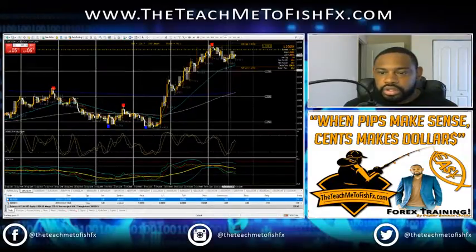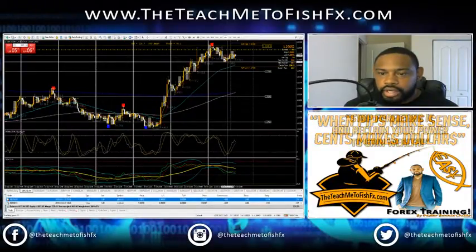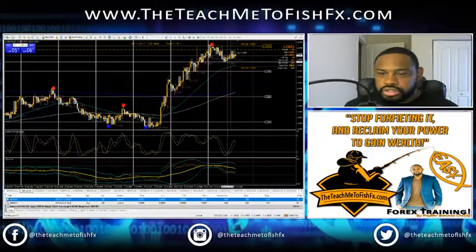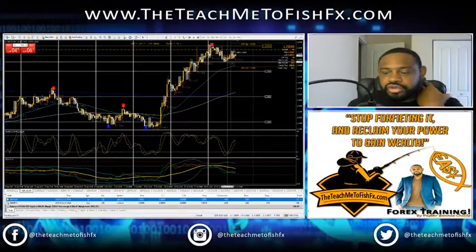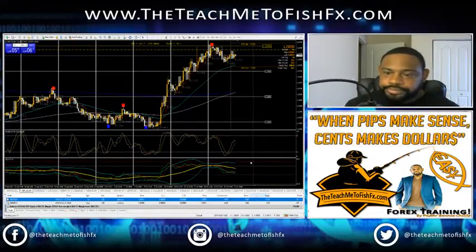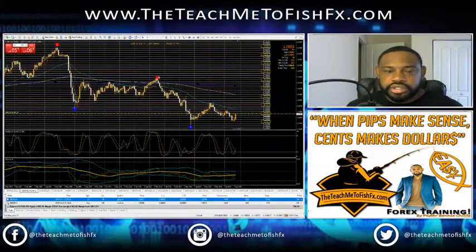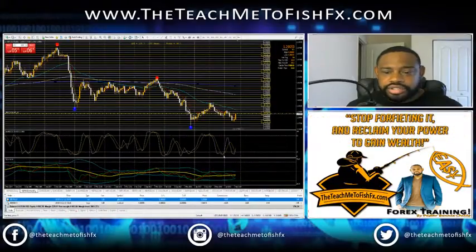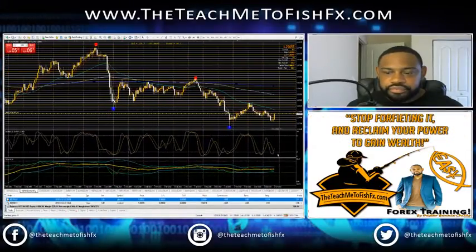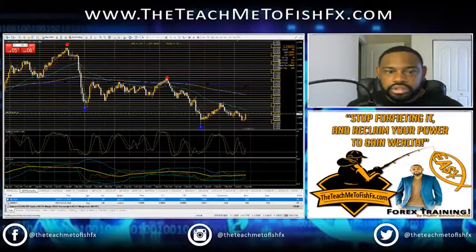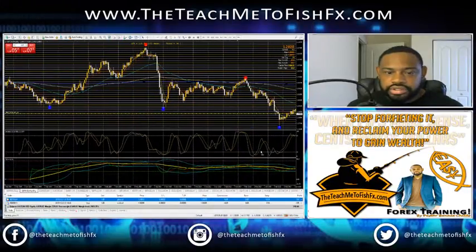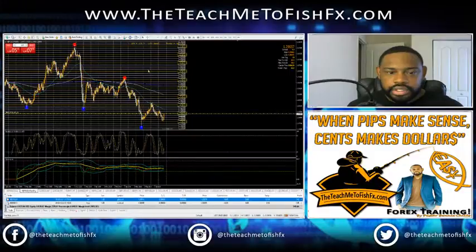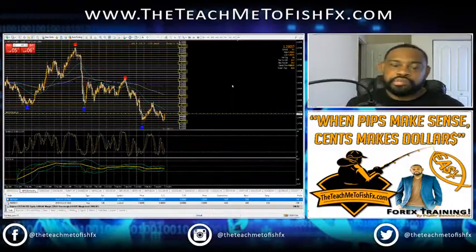We've been in about a total of 105 pip drawdown for GU. I'll share this with you guys, and it's no secret, just to share some knowledge. If we take a look at the monthly chart here, let me minimize it so we can see.